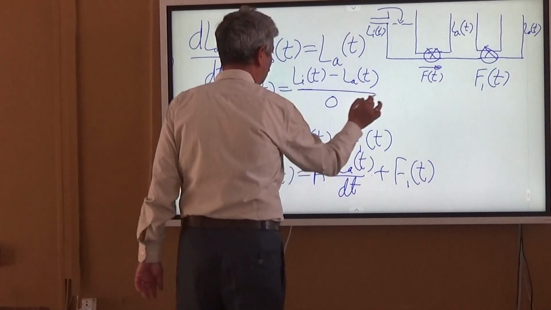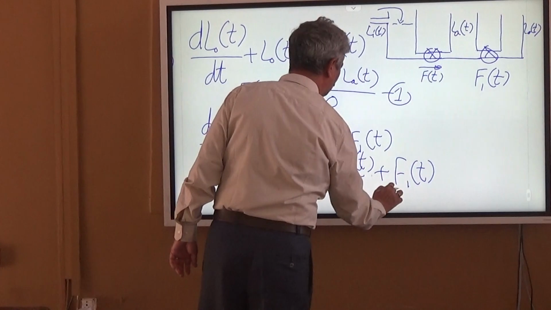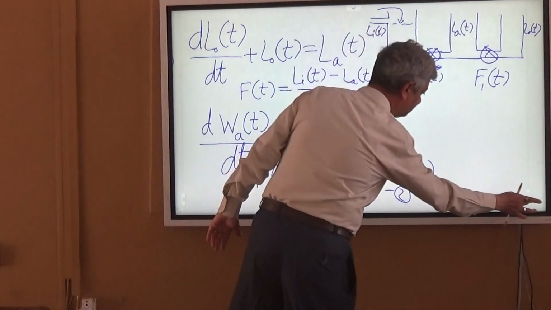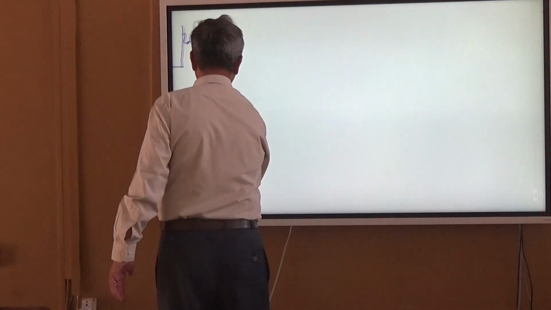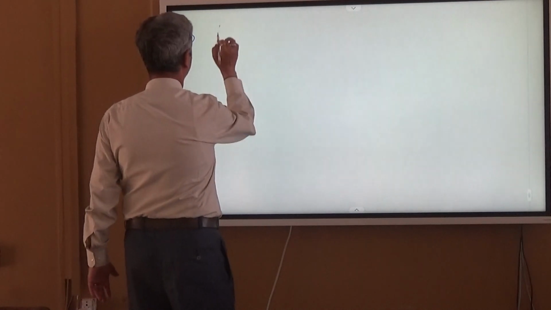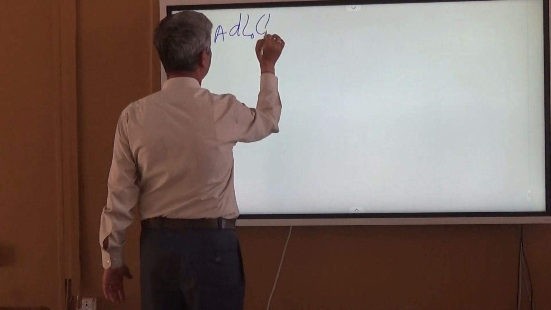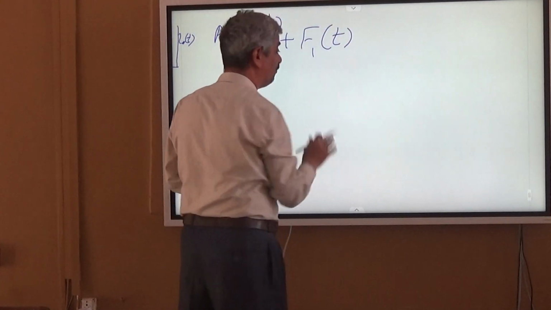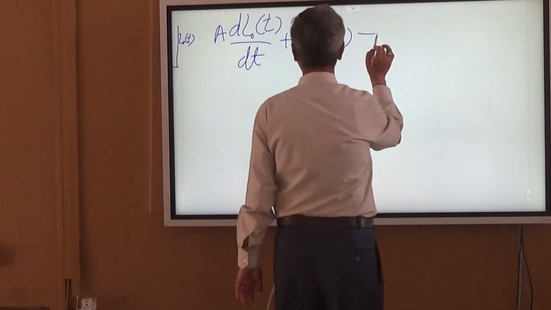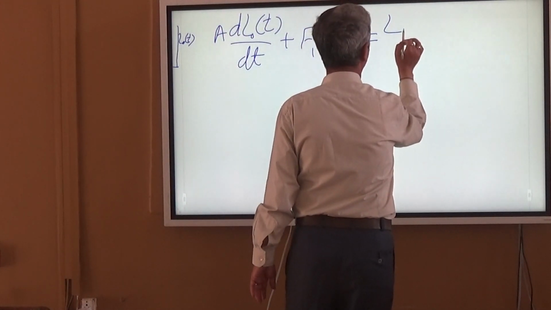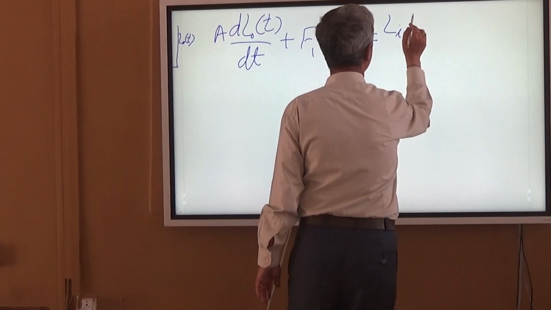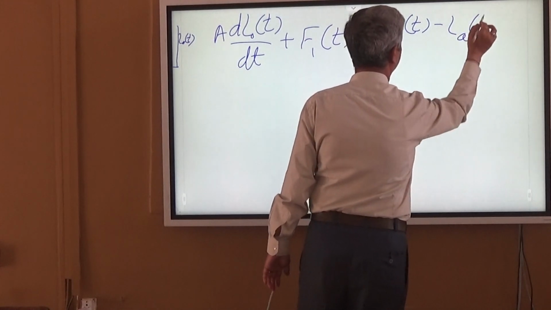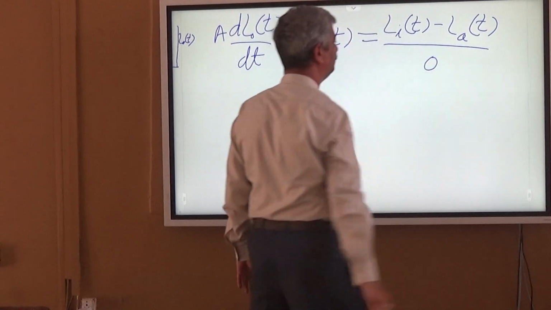Now, these two, that is 1 and 2, if we bring together, what we can get? A dLAT by dt plus F1T. I have kept F1T as it is right now. Is equal to what? L in T minus LAT upon O. Is it right?